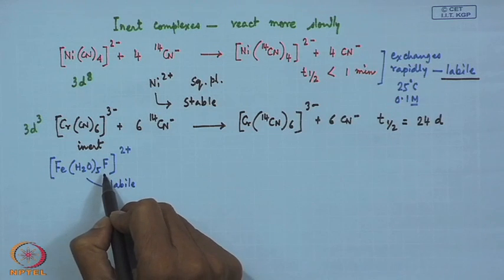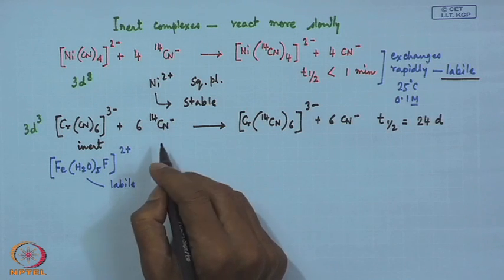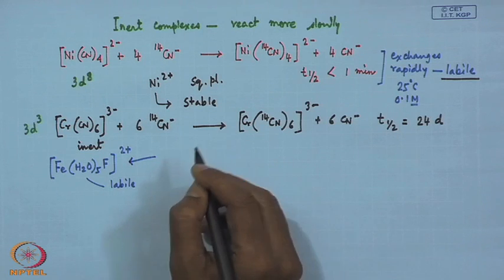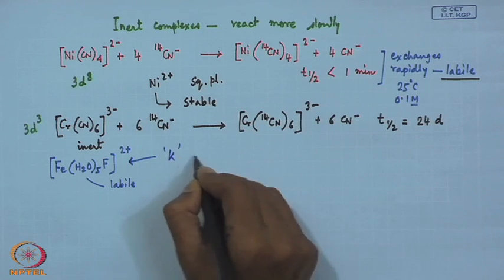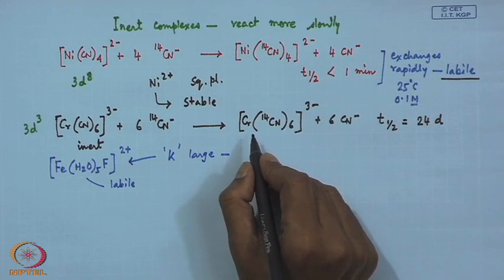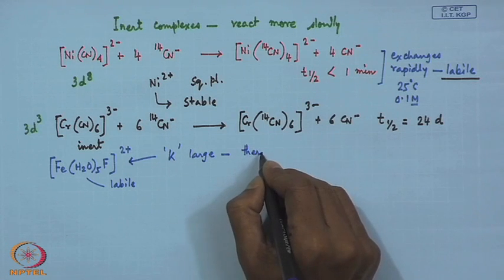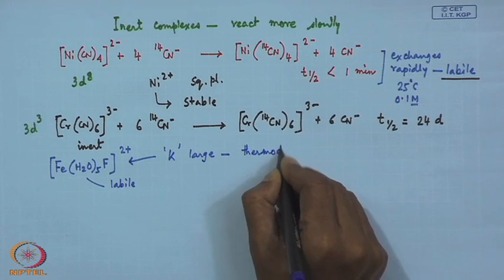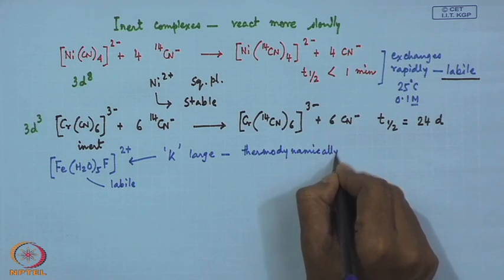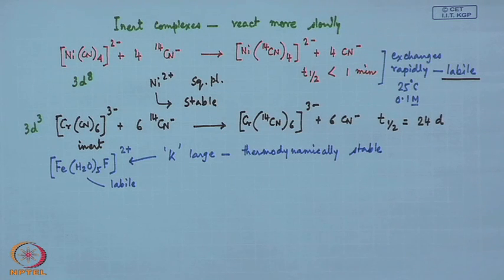It removes the thiocyanate group from the coordination sphere of the iron, but it has a large equilibrium constant of formation, because when we find out the K value, it has a large value of the equilibrium formation constant. That means it is thermodynamically stable, it is not unstable, but it is kinetically labile.